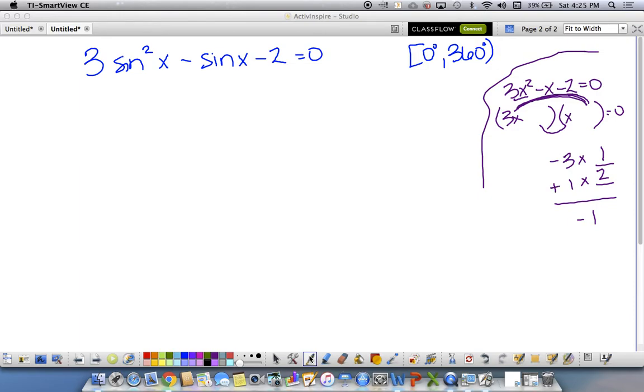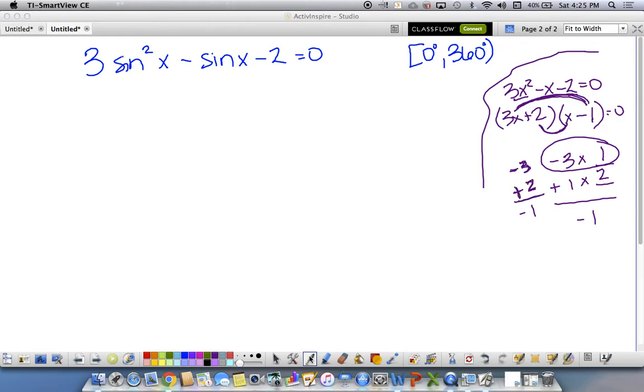Yeah? Negative 3 plus 2, does that give me a negative 1? Yes. So my 3 times 1 must be a negative 3, so I put a negative 1 there. So 3 times negative 1 gives me my negative 3. Positive 2 times a positive 1 gives me my positive 2.